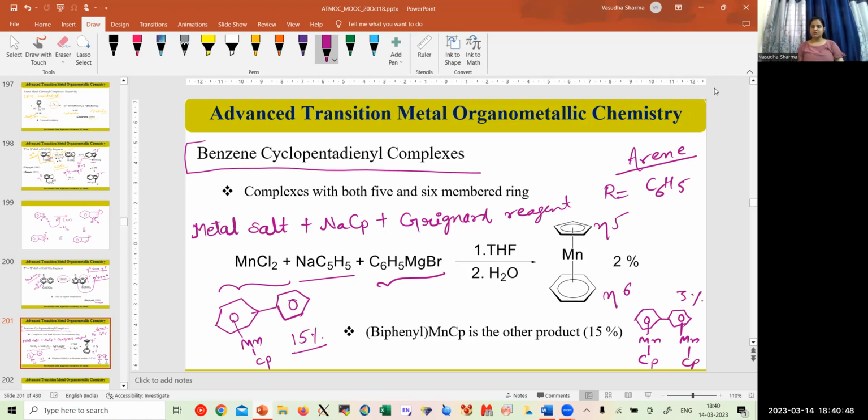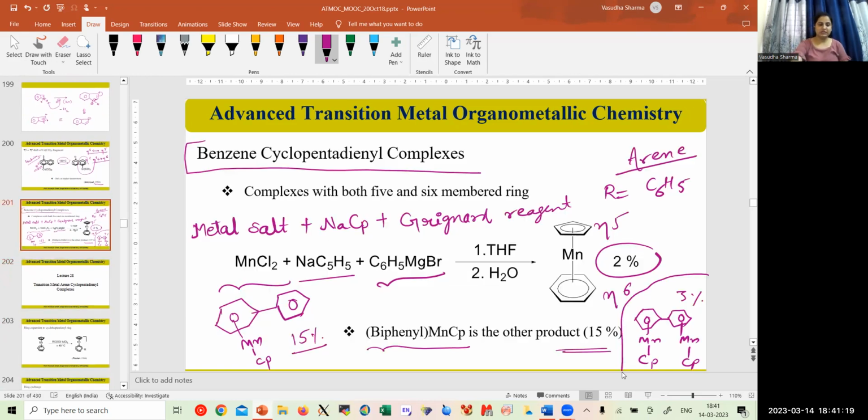This is 3%. So the product that we are desiring, with eta5 and eta6, that means 5 and 6 membered rings, is forming in the least amount, that is 2%, whereas the other products have a bit higher yield, where you can see that biphenyl manganese CP is the other product, which is 15%, and this is another product with 3%. The rest remains unreactive or something like that.